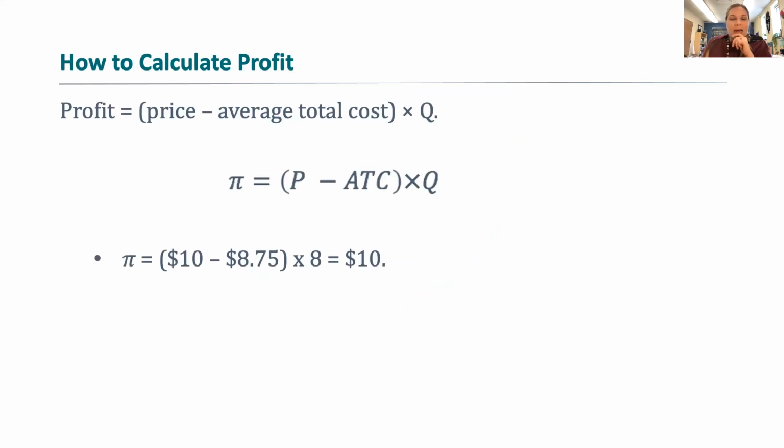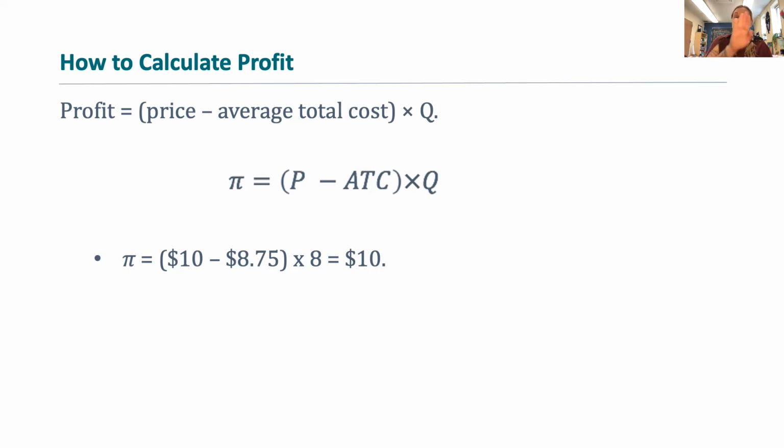So we are going to calculate profit here a little bit differently. Total profit is total revenue minus total cost. So if I wanted to figure out what my marginal profit was, my profit per unit, I would divide by my output quantity. But remember, in an equation, if you do something to one variable in that equation, you have to do the same thing to all the variables in order to keep it consistent.